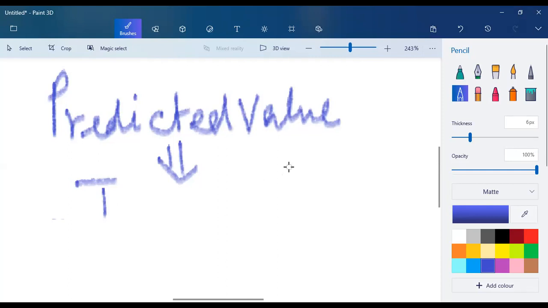Another thing is that my predicted value may be 100% accurate for some target value, but the overall prediction is not 100% in comparison to the target values, right?